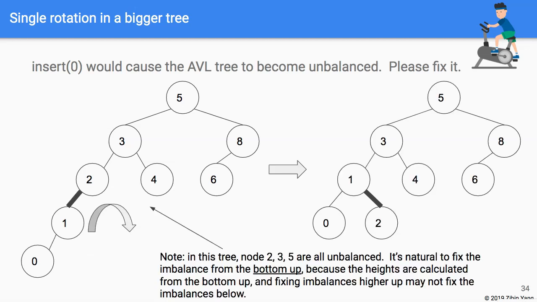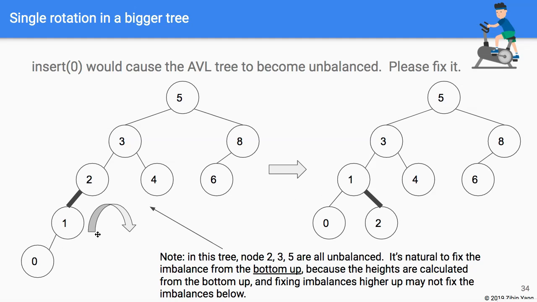Okay, and here is the answer. Because the imbalance actually occurred at node 2, and we look at it, this is going to be a left case, so we do a right rotation, we bring up 1 to become the root of this subtree here, right?